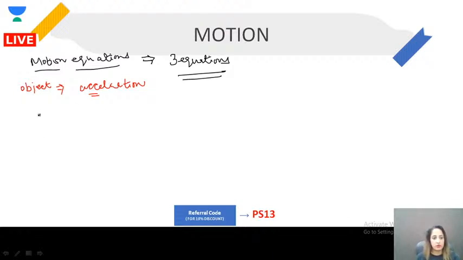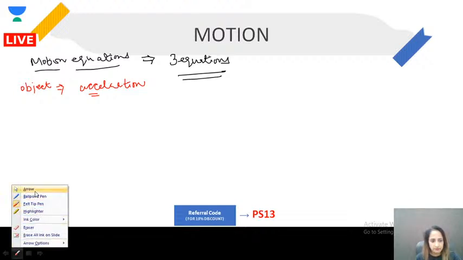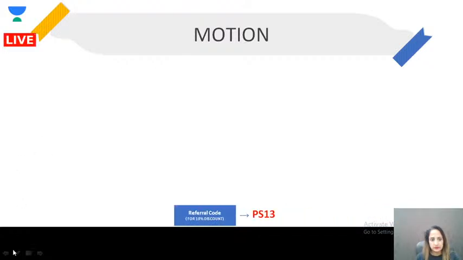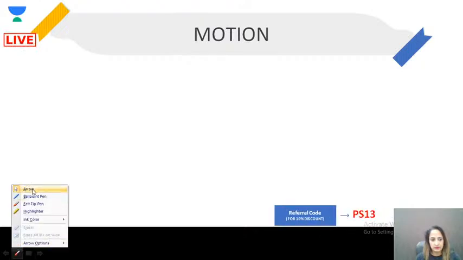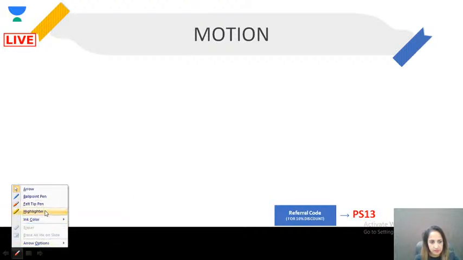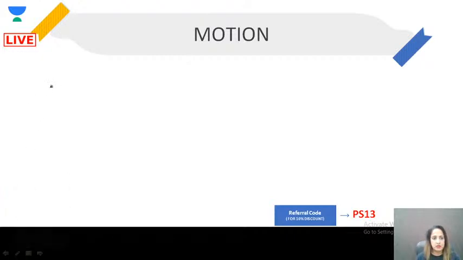So we have to, let me draw. Anyways, I cannot draw the shapes, so we have to draw this.